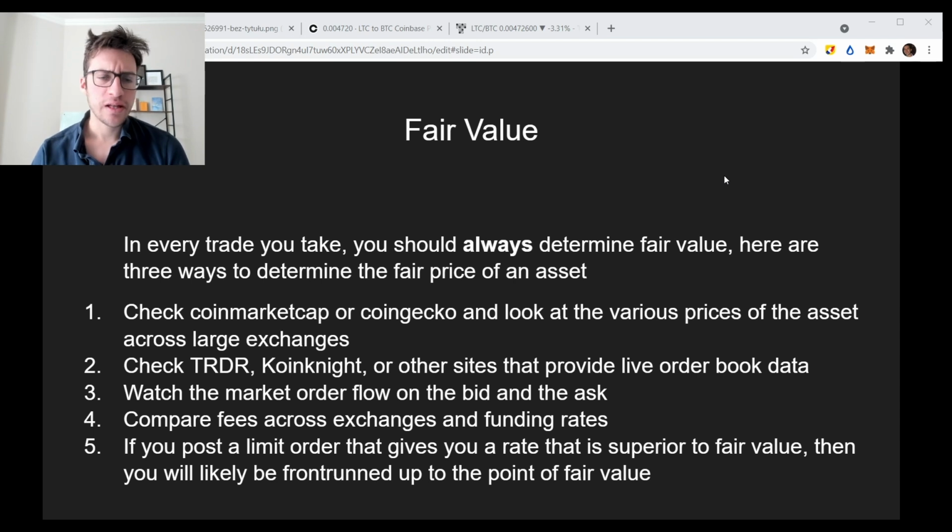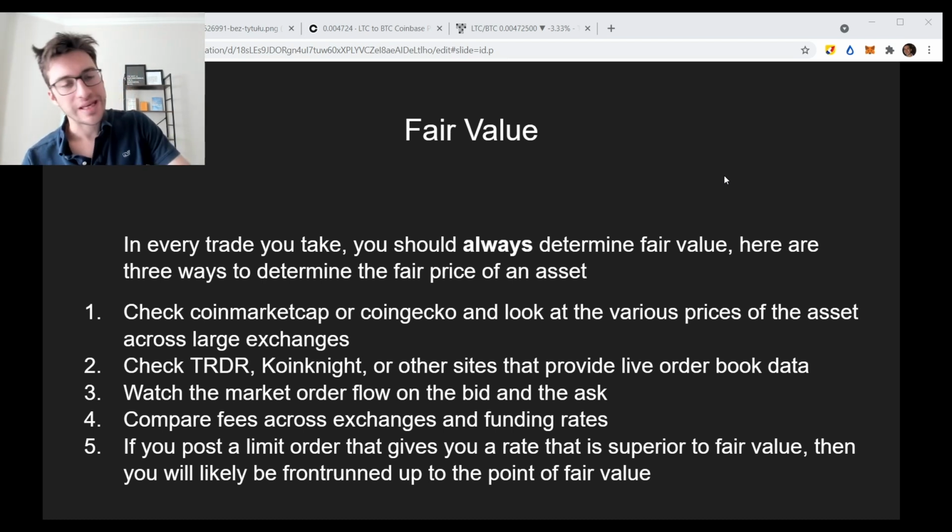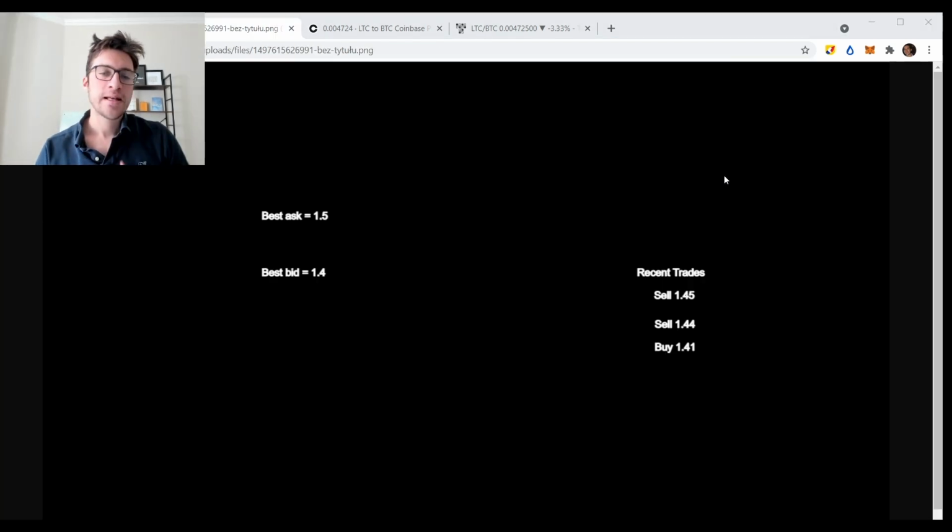Finally, if you post a limit order that gives you a rate that is superior to fair value, you're likely going to get front run up to the point of fair value. Exactly coming back to my point here. Let's say that the fair value rate at which an arbitrage bot would sell to you is no lower than 1.45.